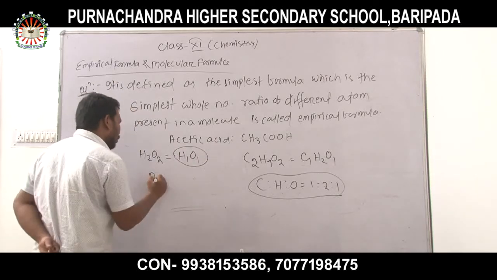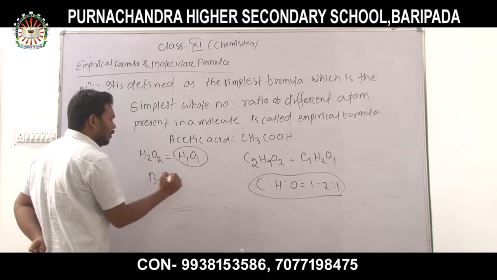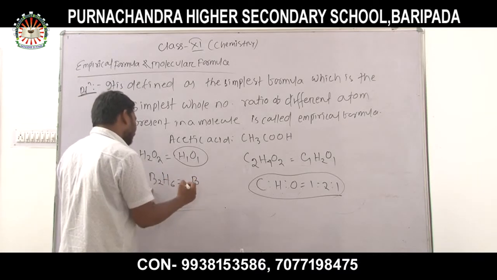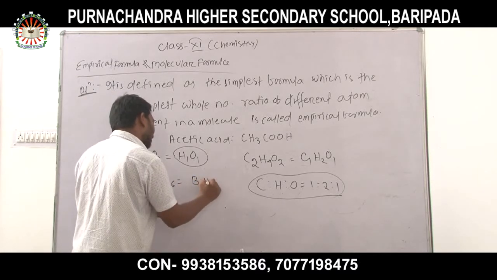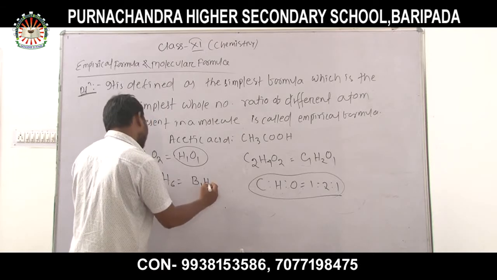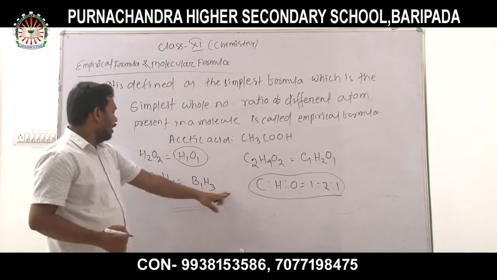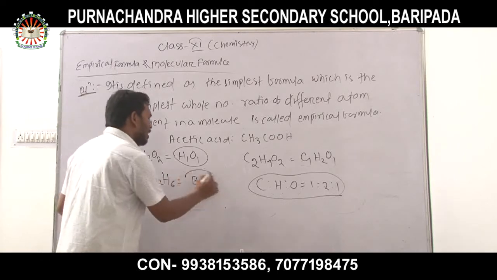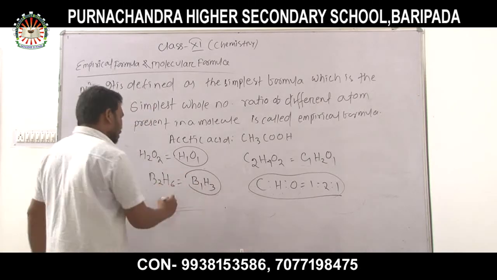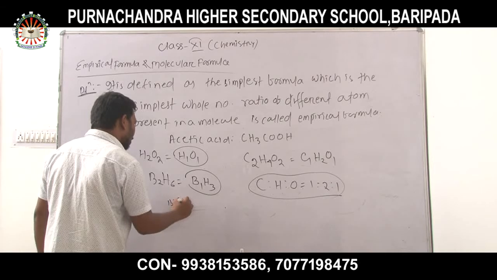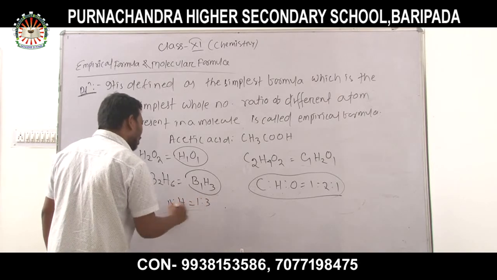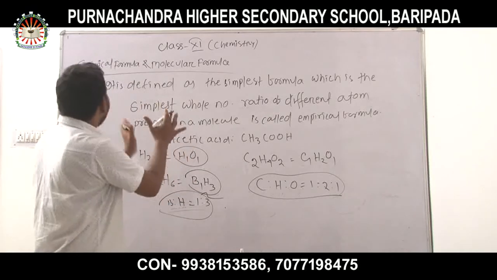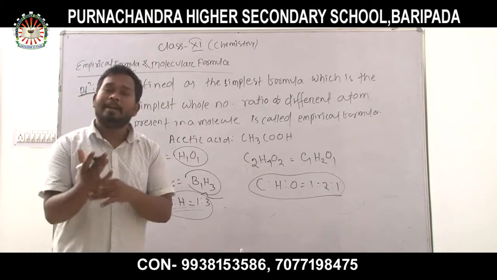Similarly, B2H6, its empirical formula is B1H3, that is 2 by 2 is 1 and 6 by 2 is 3. The simplest whole number ratio is 1:3.